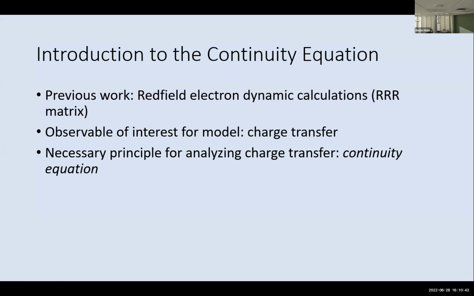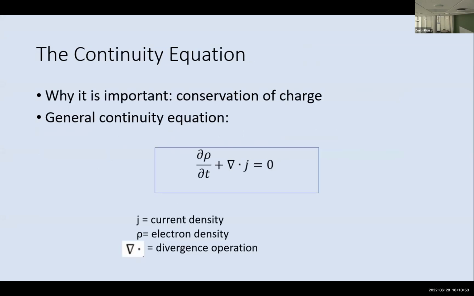We did some calculations with those. One thing you can analyze with that is charge transfer, and we need the continuity equation, which is a description that pretty much tells us charge is conserved. So you've got local area charge moving around to a large area. Whatever charge there is has to be conserved.